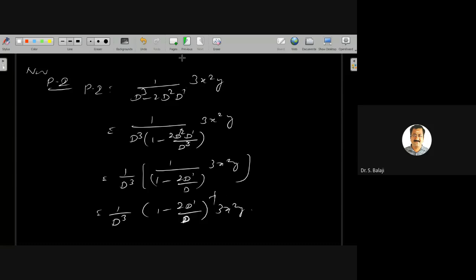Therefore, you can write that 1 minus x whole power minus 1 is 1 plus x plus x square plus x cube and so on.